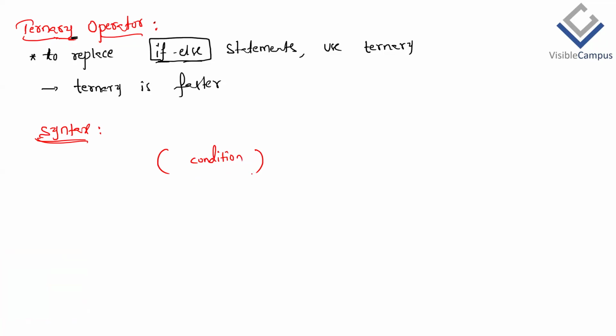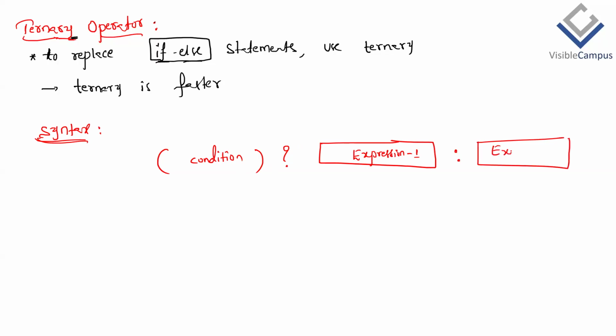When you write a condition, what type of results are there? It may be true or it may be false. So if this condition result is true, then execute this expression 1. Then if the condition is false, then colon is this operation, then execute this expression 2. That's it.